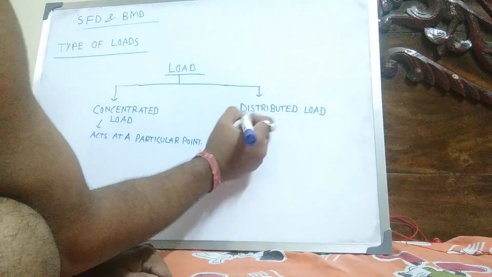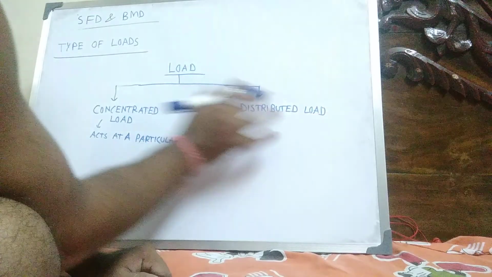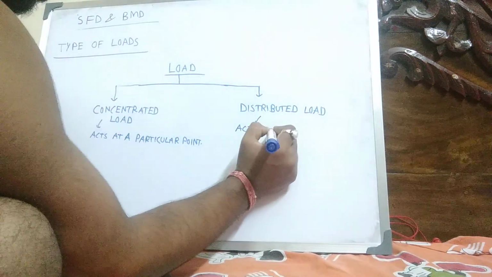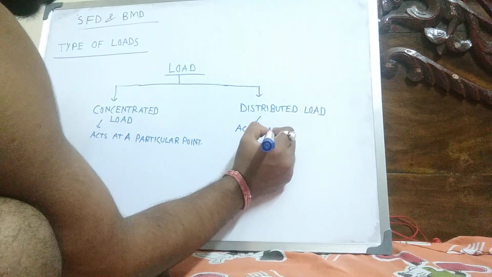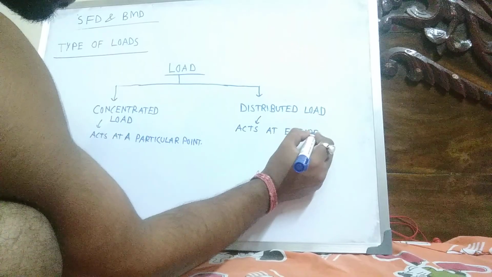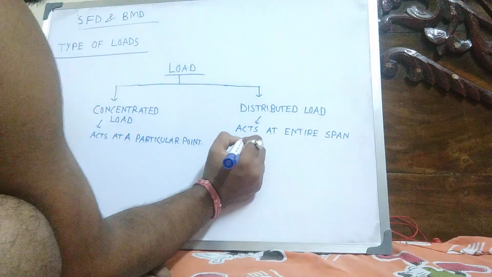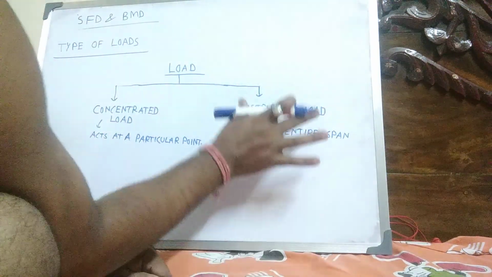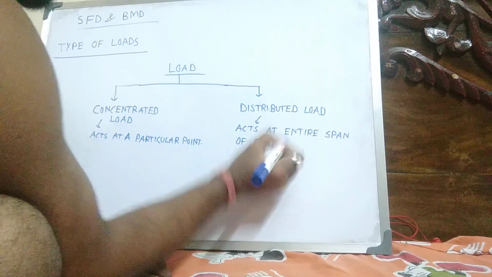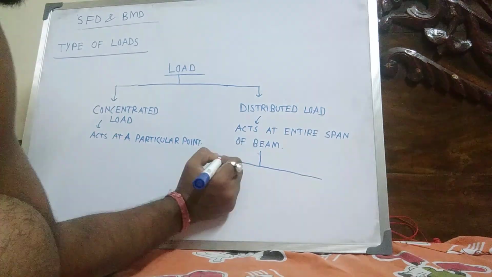Distributed load acts over the entire span of the beam, span meaning length, total length. And distributed load is divided into 2, one is uniform.